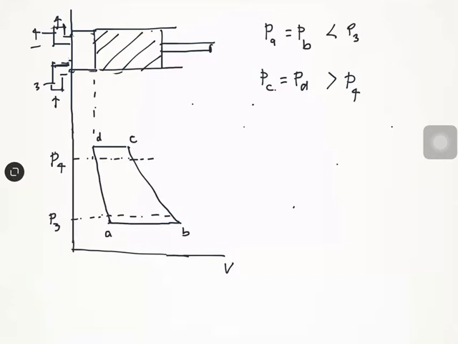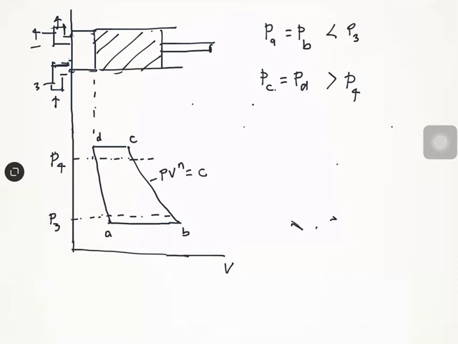Let us denote the state of the re-expanded clearance vapor as A prime. So for the compression process from B to C, we have the polytropic process, wherein PV to the n is constant.